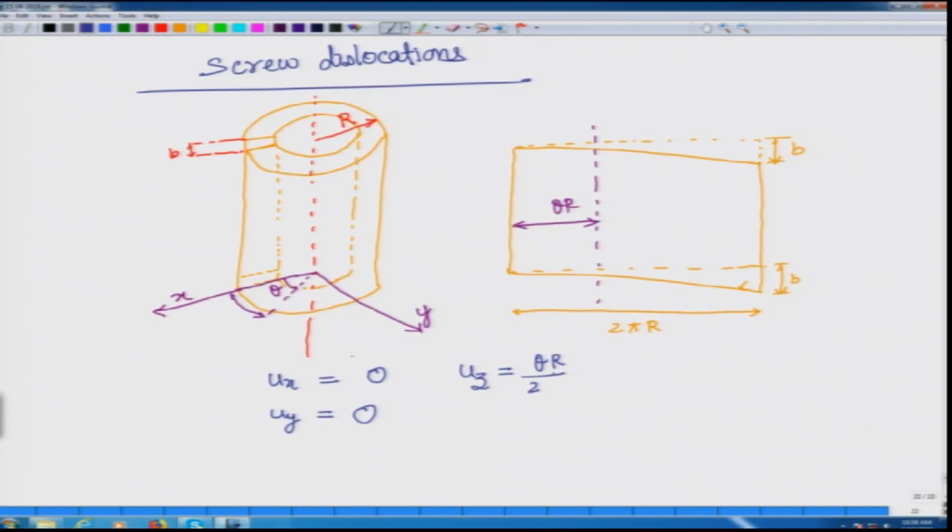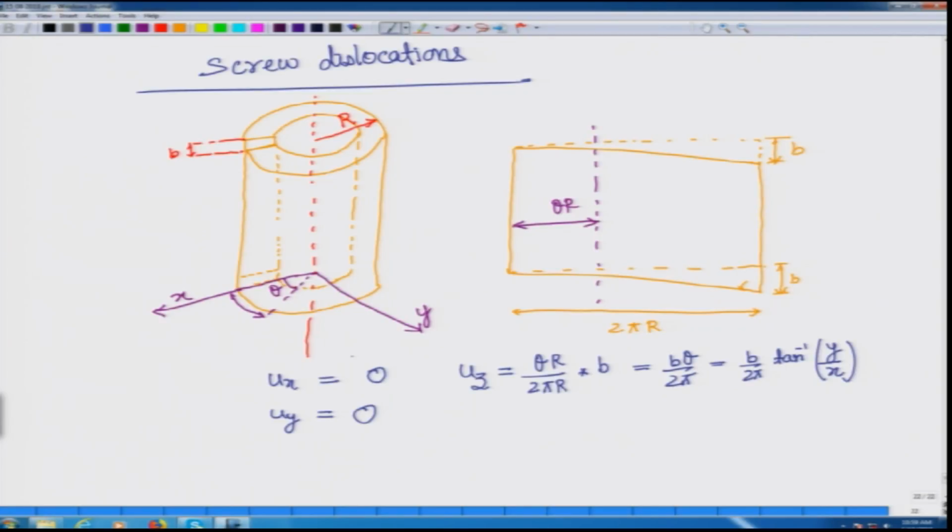If you are talking about a certain plane which is at theta orientation, then it is theta r by 2 pi r, and if the total is b, then it is the ratio of these two, and this is equal to b theta by 2 pi. In terms of x and y coordinates, it will be b by 2 pi tan inverse y by x.